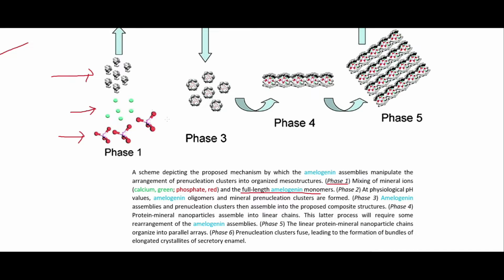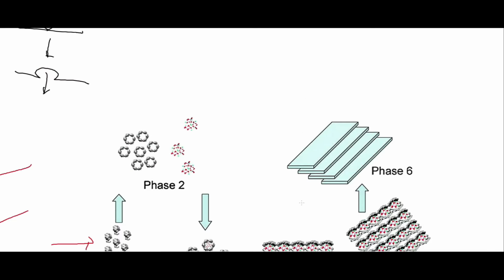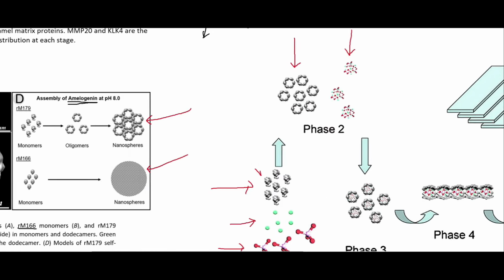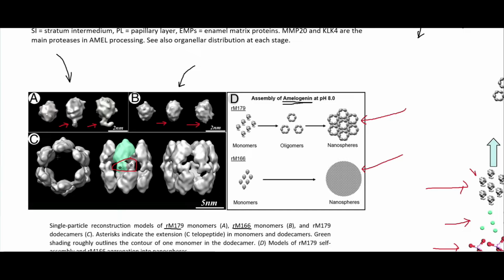Then in phase two up here, at physiological pH values, the amelogenin oligomers and mineral pre-nucleation clusters are forming. So these are the mineral pre-nucleation clusters, and these are those oligomers. So these single monomers are coming together to form these shapes right here, and we can see that larger over here, and it has this hollow part here. It's kind of donut shaped.